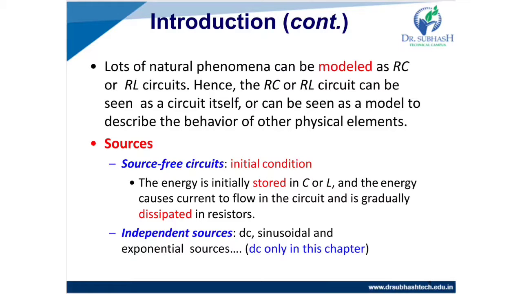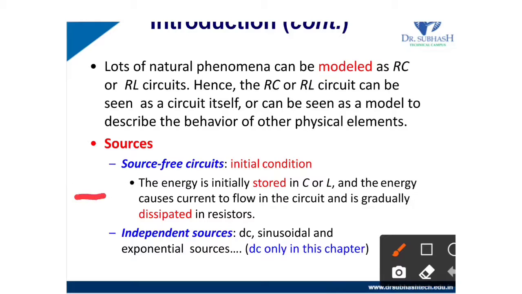First, the source free circuit, the initial condition when no energy source is connected to the circuit, so it is called a source free circuit. The energy is initially stored in the capacitor or inductor, and the energy causes current to flow in the circuit and is gradually dissipated in the resistor.